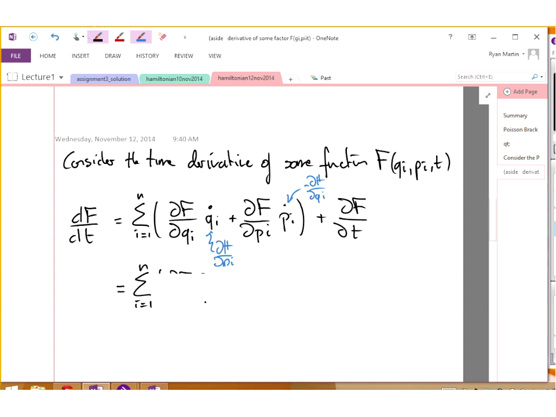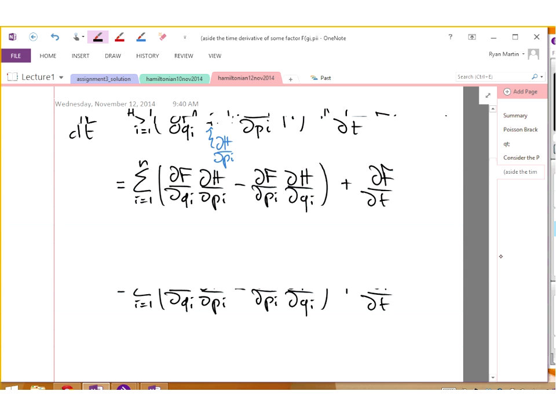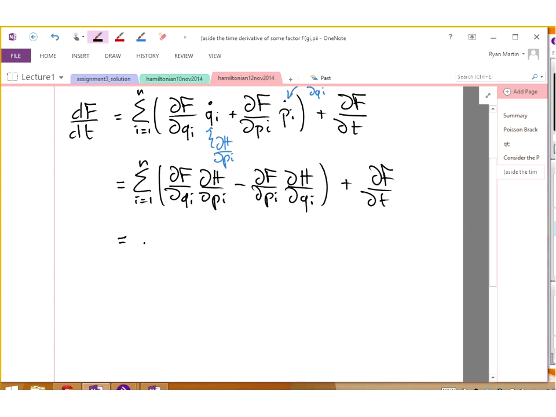So I'm left with ∂f/∂qi times ∂H/∂pi minus ∂f/∂pi times ∂H/∂qi, plus the partial derivative with respect to time. Of course, you recognize this now as the Poisson bracket of f with H.